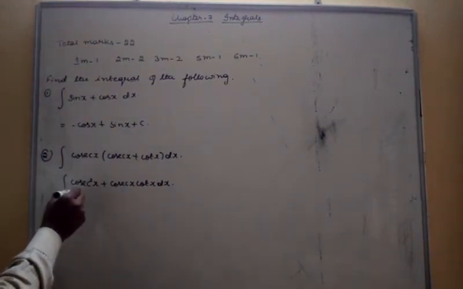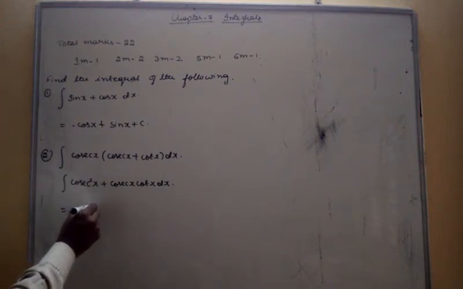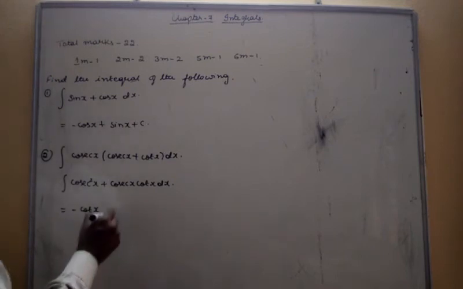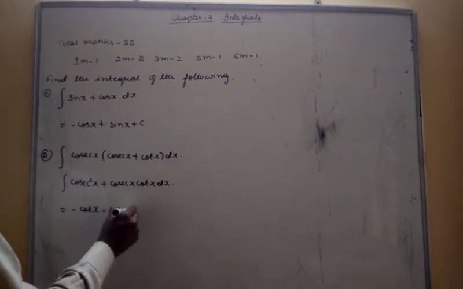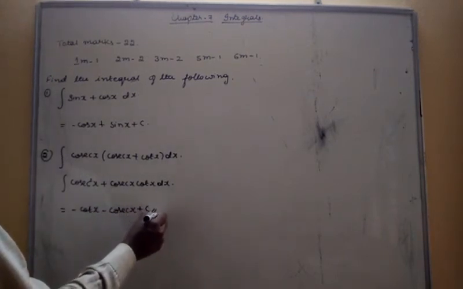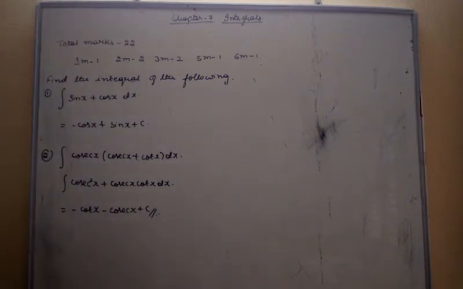Then integration of cosecant square x is minus cot x, and cosecant x into cot x integration is minus cosecant x plus c. We already discussed these problems in the previous classes. So let us go for the next problem.